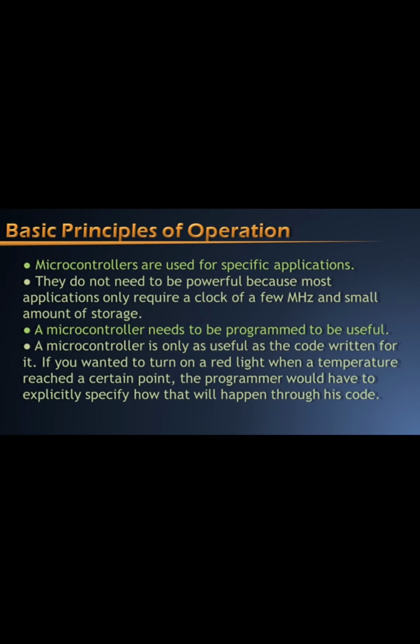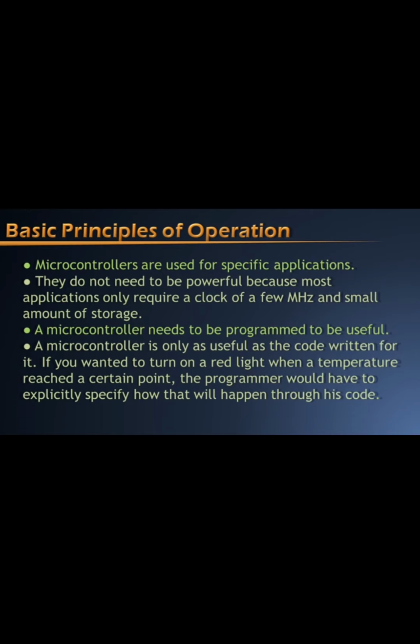If you wanted to turn on a red light when a temperature reached a certain point, the program would have to specifically specify how that will happen through this code. A microcontroller is only as useful as the code written for it. It is only useful for the particular code we write for it.